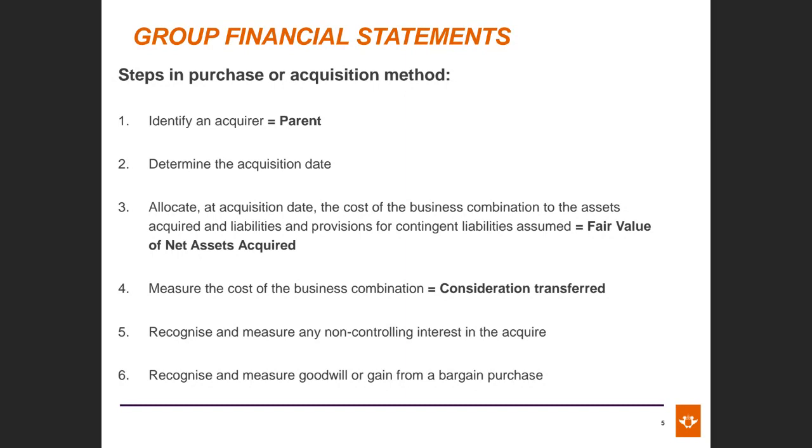In that case, you would be able to identify who is the acquiring company, and they are known as the parent. Then we need to determine the acquisition date. What date is this acquisition happening, as this will be important when processing your journal entries. Then the next step is to allocate at acquisition date the cost of the business combination to the assets acquired and the liabilities and provisions for contingent liabilities assumed.